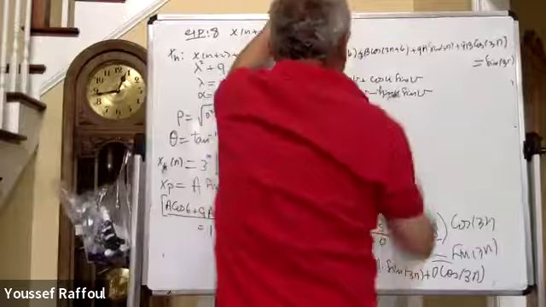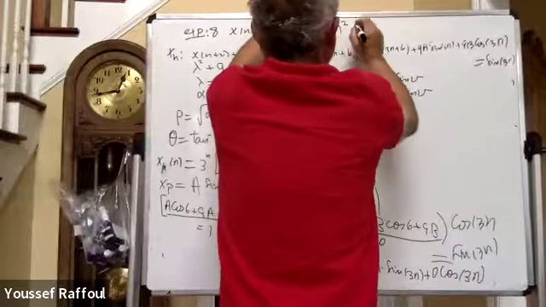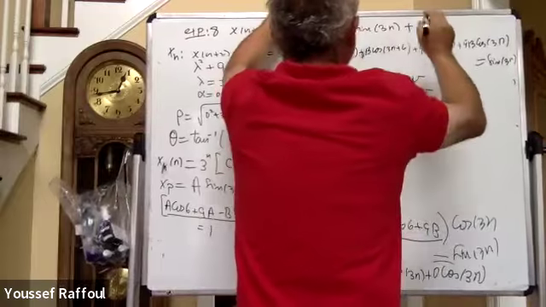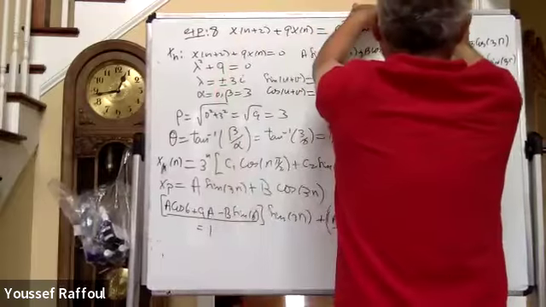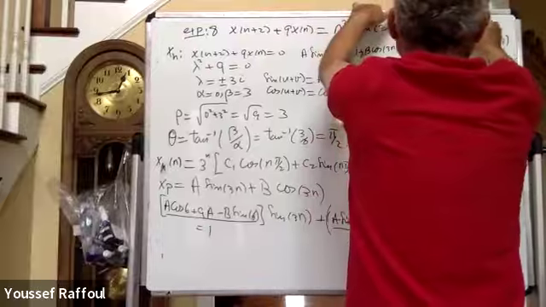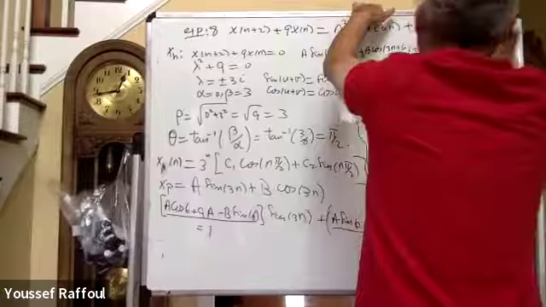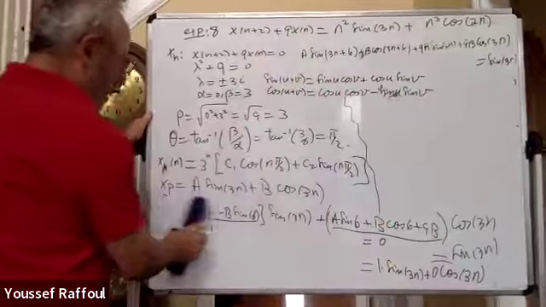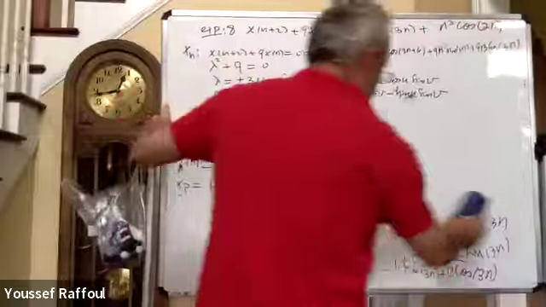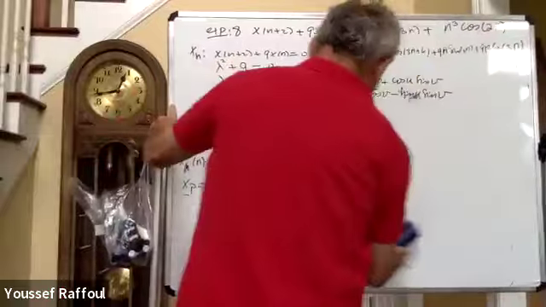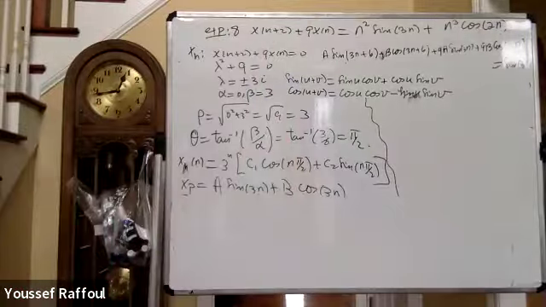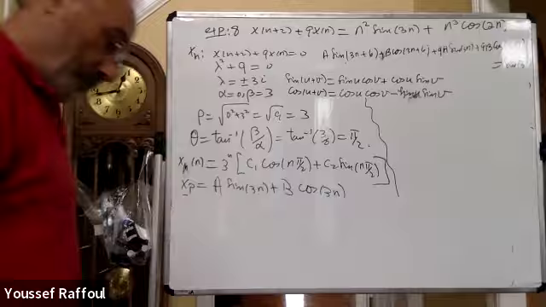Let's say I have n squared sine 3n plus n cubed cosine 2n. My question is, what is xp, the general form? This will take you 3 days to compute if you want to compute it, but I need the general form.